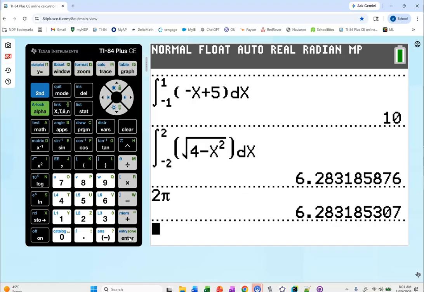It's 2 pi. Why isn't it exactly? Why didn't the calculator give me exactly 2 pi? I mean, it's pretty close, but it's not exact. Why isn't it giving me the exact value? Because the calculator can't actually do calculus by itself. What it's doing is a really accurate approximation.